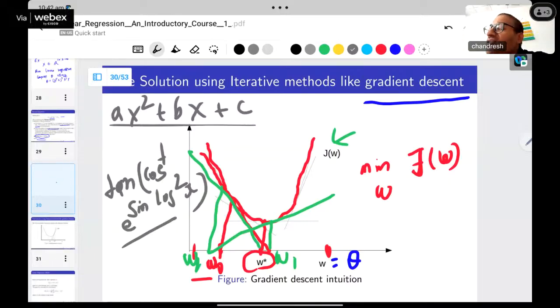Okay. So for the moment, you think of that we approximate any function with a given cost function with a quadratic function. We minimize that quadratic function.